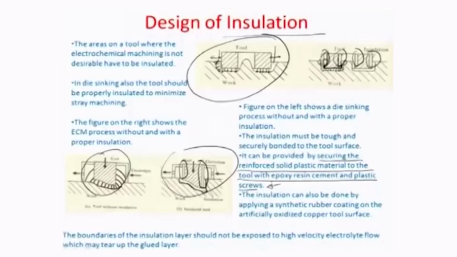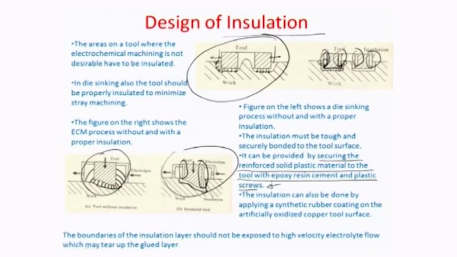A little bit of gap between the insulation and the tool surface would result in, number one, incomplete finishing, because bosses or ridges may form because of that gap on the surface. At the same time, it can also take away the insulation with time, because there is a continuous electrochemical action going on in whatever portion is uninsulated and left over on the tool side. So, typically you have to secure the insulation very firmly onto the sides of the tool.